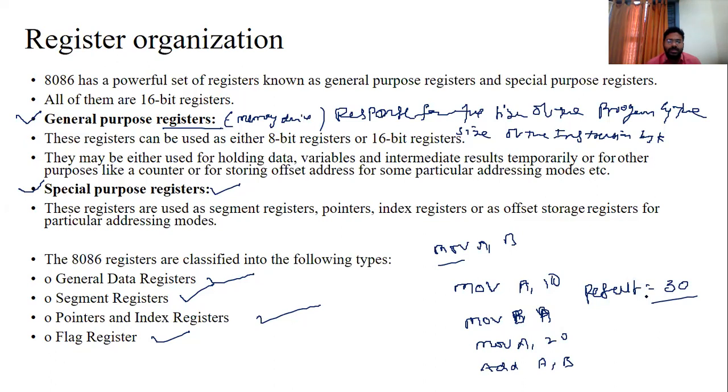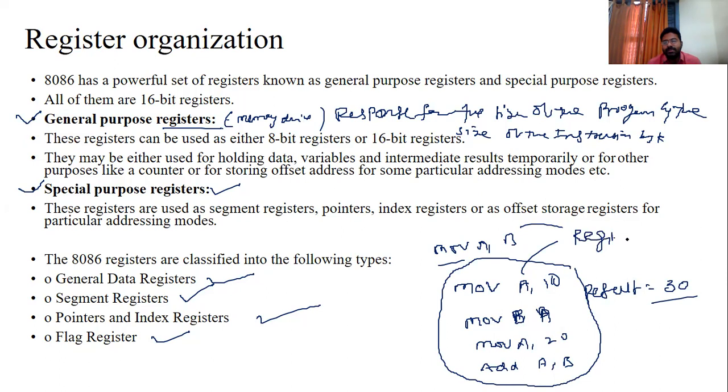So the result is that whenever the information is available in the registers, this A, B, all the registers, I can send the value 10 to the A register, then A to the B register, then the value 20 to the A register. I can add A and B. A is 20 now and B is 10. The total result is 30.